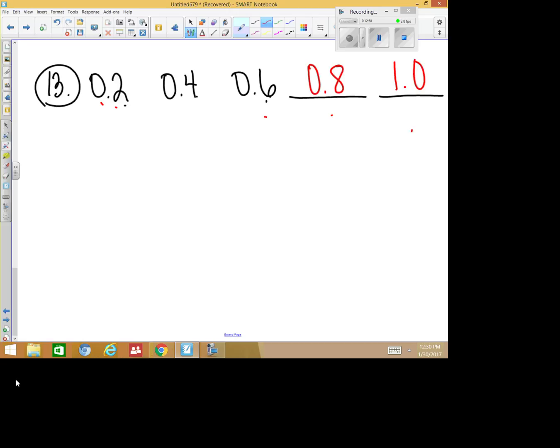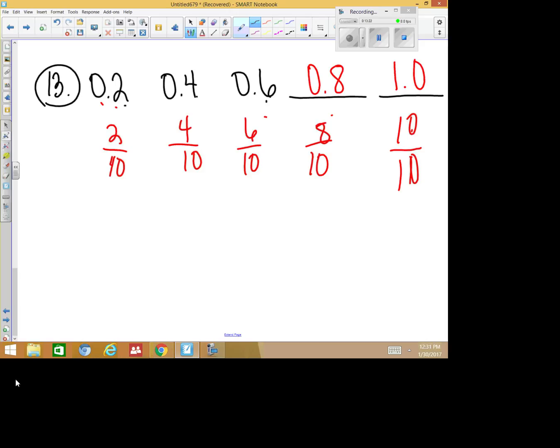So 10 tenths is 1 whole, 1.0, right? So sometimes we may not be able to look at them as decimals. We have to think about them as fractions. 10 over 10 is 1.